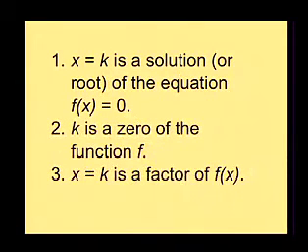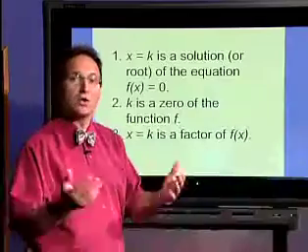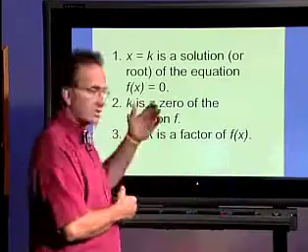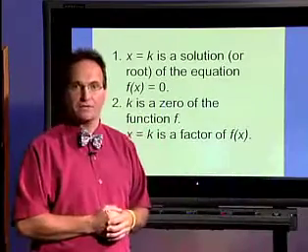Number one, x equals k is a solution or a root of the equation f of x equals 0. Number two, k is a zero of the function f. And number three, x minus k is a factor of f of x. So those are all equivalent statements to each other if k is a complex number.